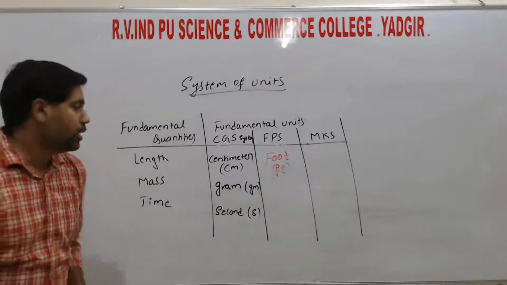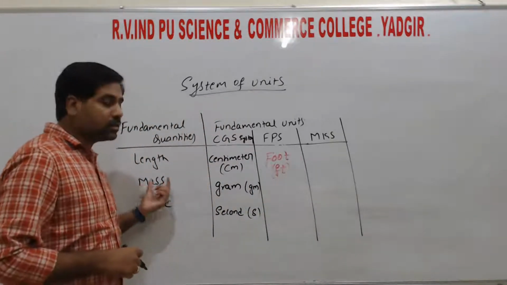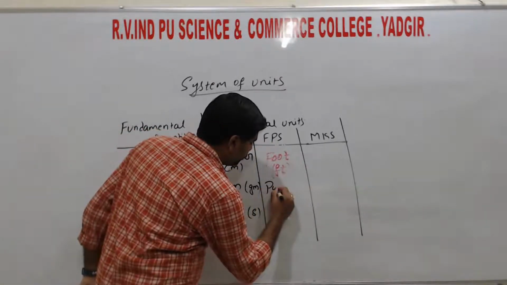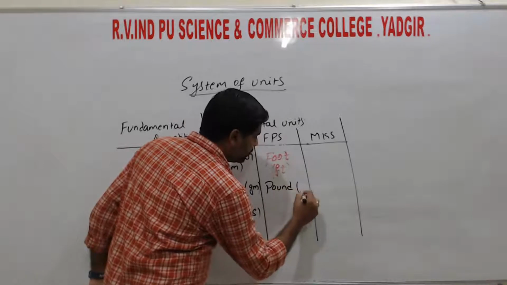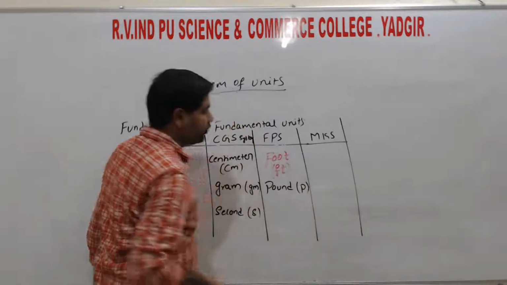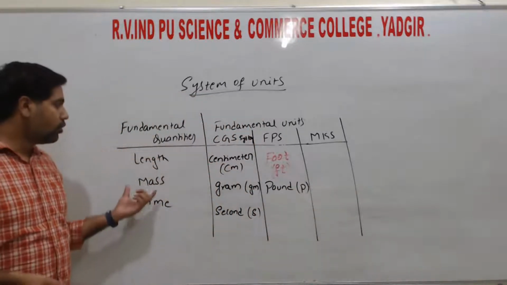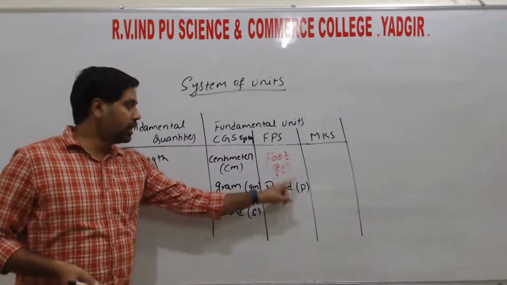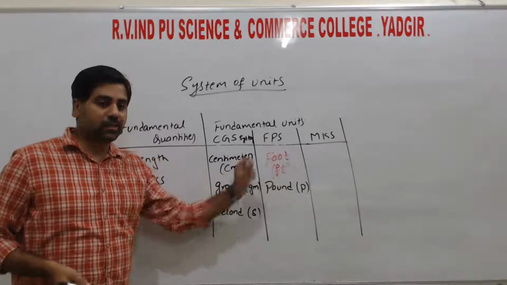Similarly, the mass is measured by the unit P, which represents pound. So that is P. So mass is measured by the unit pound in the FPS system.